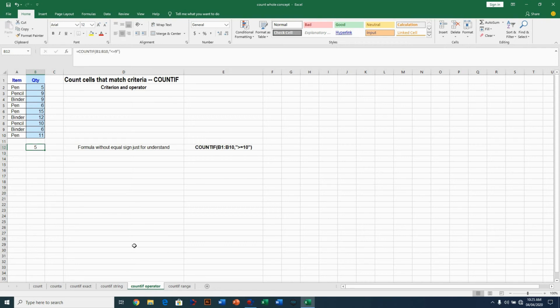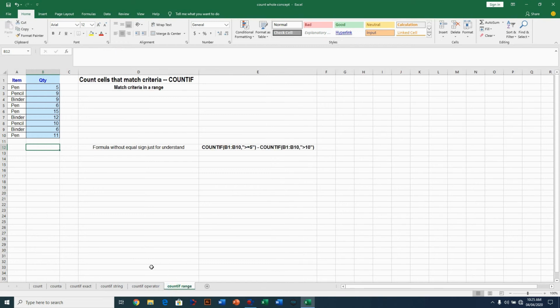So let's start with count if range, applying the formula. Start from equal sign, count if, bracket open, selecting the range, comma, selecting the criteria, bracket close, minus sign.